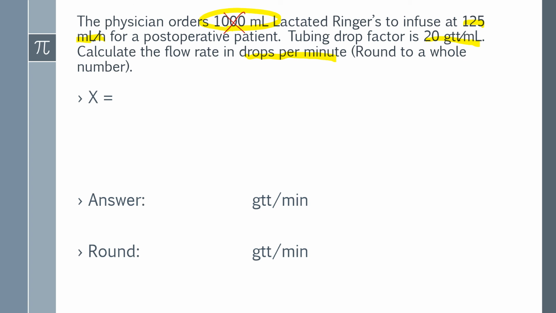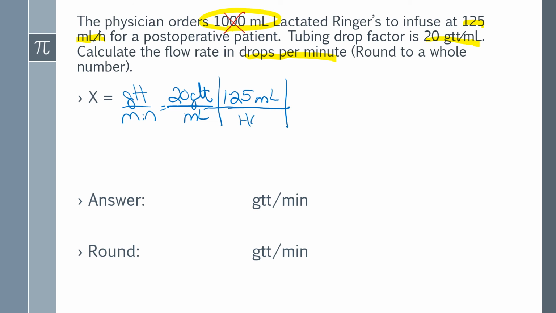So let's set up our problem. Drops per minute. Start with your drop factor. I have a milliliter, and that's 125 per hour. That's what's going to be running.